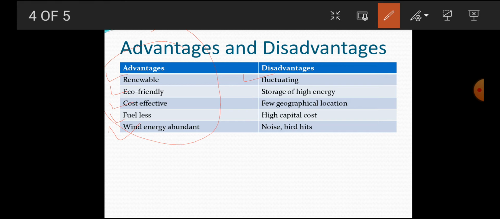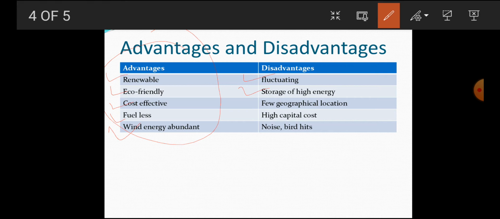Then storage: if very high wind speeds are flowing, then it is necessary to store wind energy in some other forms, because there is a limit on how much wind energy can be converted, so it needs to be stored. If higher than the threshold wind energy is obtained, it should be used later during the calm when the wind energy is very low. So that is a disadvantage.